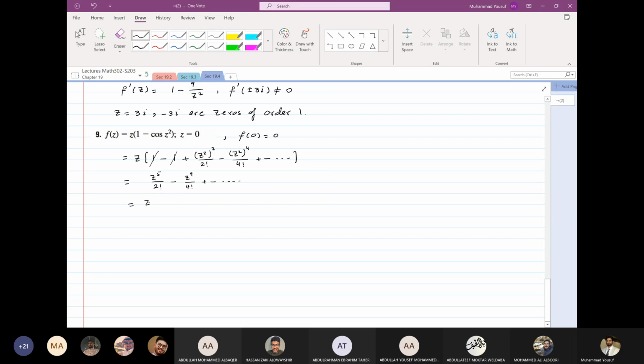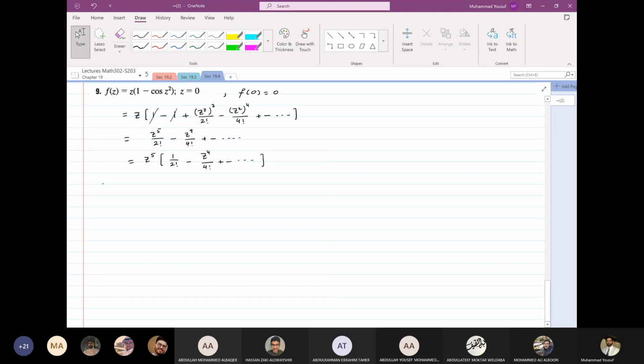From here, we can take z power 5 common. Inside it will be 1 over 2 factorial minus z power 4 over 4 factorial plus minus and so on.